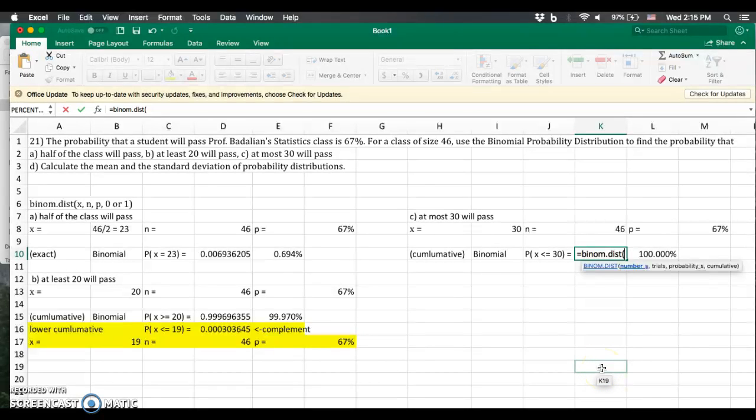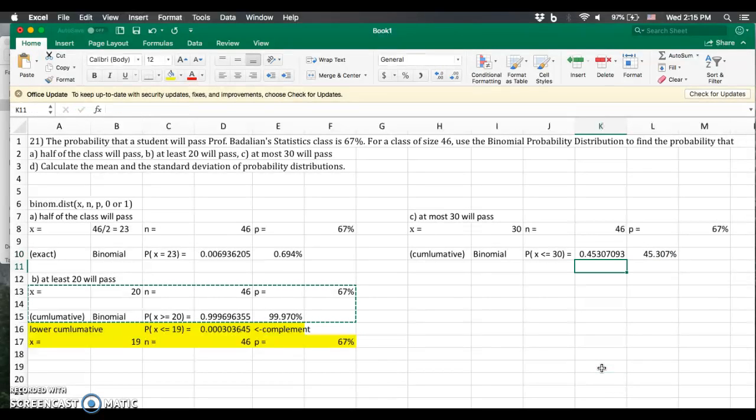X is 30, N is 46, and P is 0.67. Yes, it is cumulative, so 1. So we got 0.45, about 45%. Okay, so what we just found for those binomials are the probabilities of something happening.